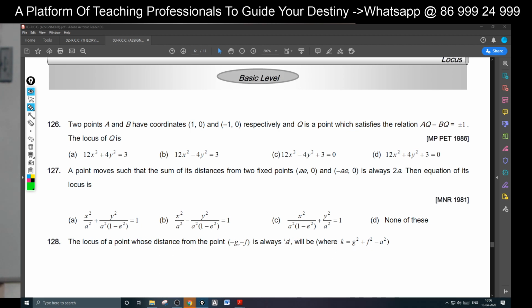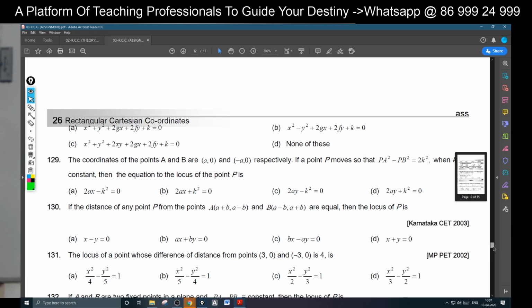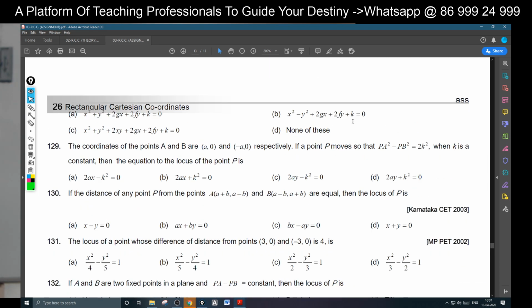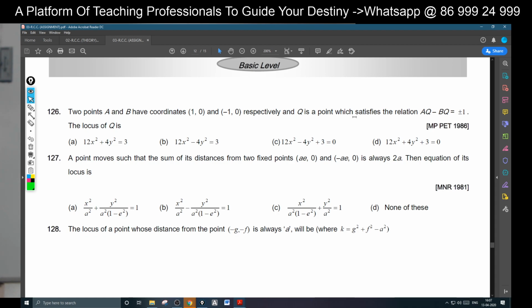That means there might be k used in the options. Yes, k is used here. Let us come to the options later, but it's a very simple problem for you to work out.